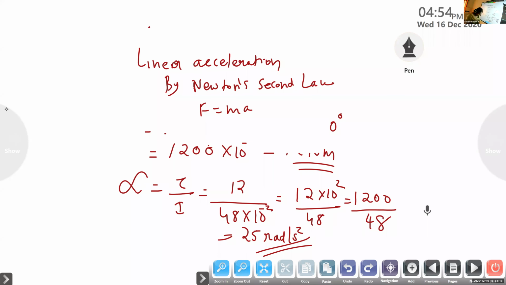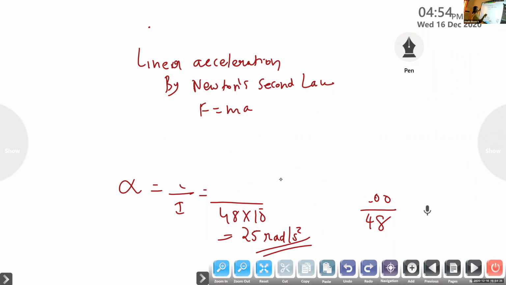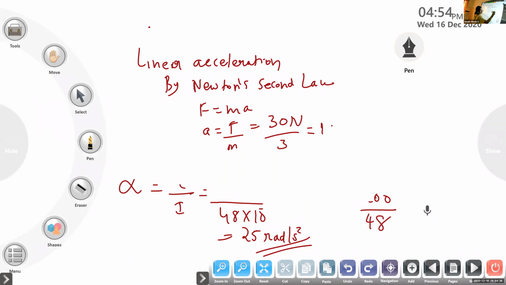Therefore, A is equal to F by M. It's linear, so we don't have to think about the angle and all. F is 30 Newton, 30 by 3 kg. You are going to get 10. So that's a simple question. 10 meter per second square.